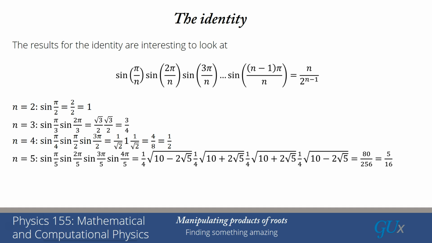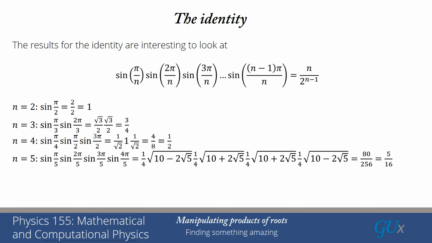And now you notice if I multiply the first two terms and the square roots together, I will get 100 minus 20 under the square root sign, and that becomes the square root of 80. But I have the square root of 80 from the last two terms as well. So the net effect is I get 80 in the numerator, and then I have 4 factors of 4, or 4 raised to the 4th power, or 256, as the denominator. I can divide out a factor of 16 from both. I get 5 over 16.